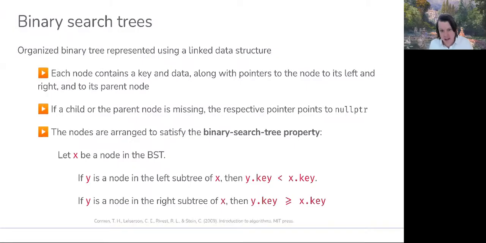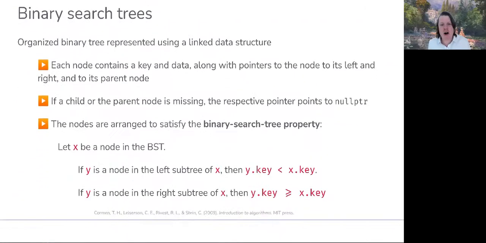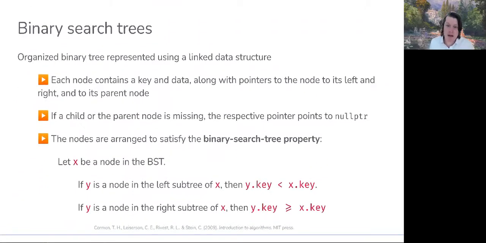So what are binary search trees? This isn't going to be that much of a leap forward, but we're going to see here that a binary search tree is an organized binary tree that's represented using a linked data structure, as we've seen literally just now on this slide. Each node is going to contain some sort of key and data.